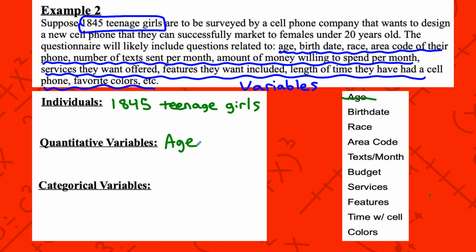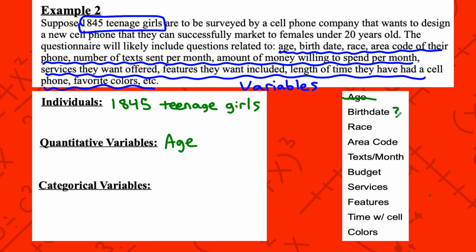That's a number answer. Okay, your birth date. So your birth date, that's already one that is a little tricky. Mine is April 16th. Okay, that's kind of a number. There's a number in it. But again, you would ask yourself, are you measuring something when you're asking someone's birth date?